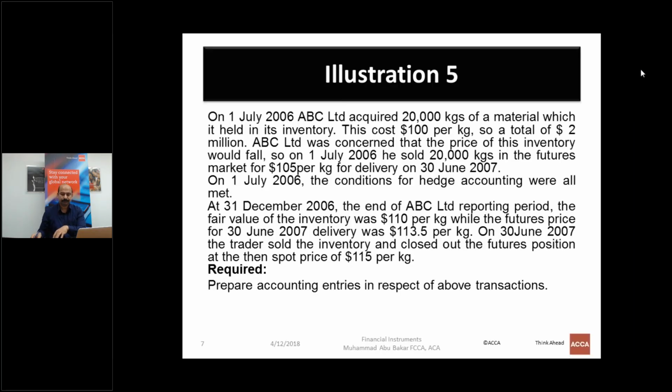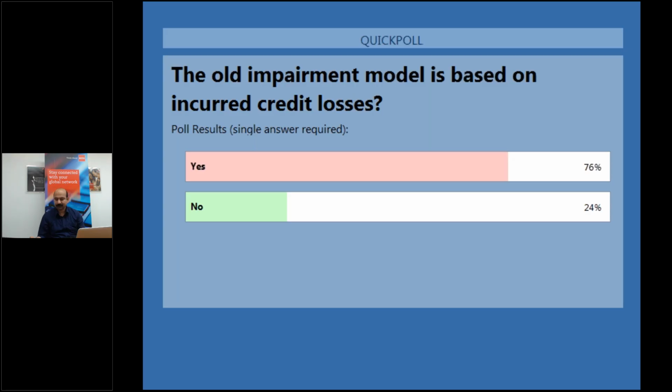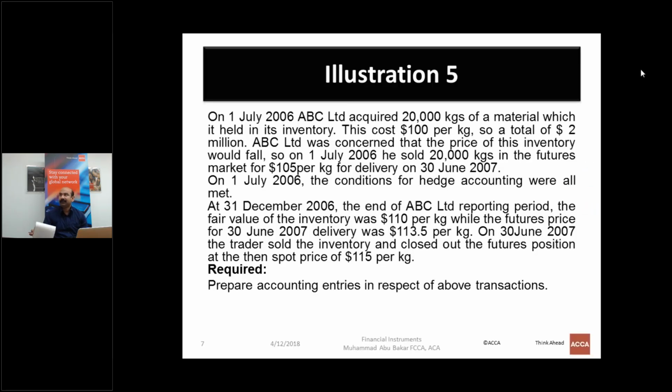So we have 76% people saying yes, while 24% people are saying no. 76% people are correct, but the remaining 24% should be careful, because this was a very straightforward question. The old impairment model is based on incurred credit losses.